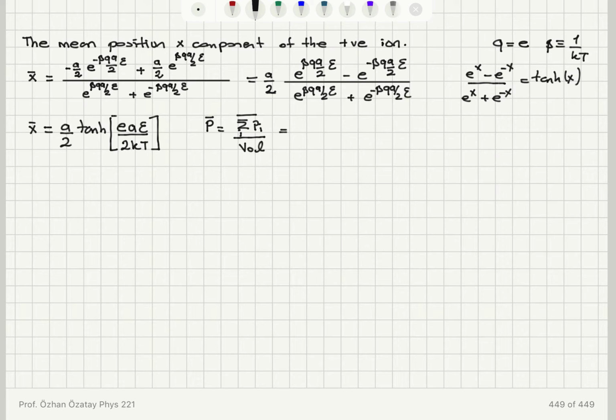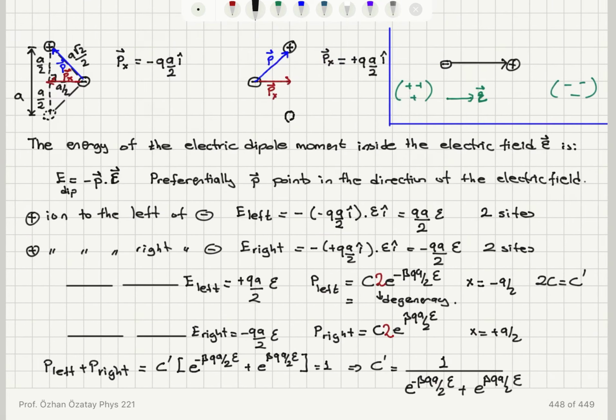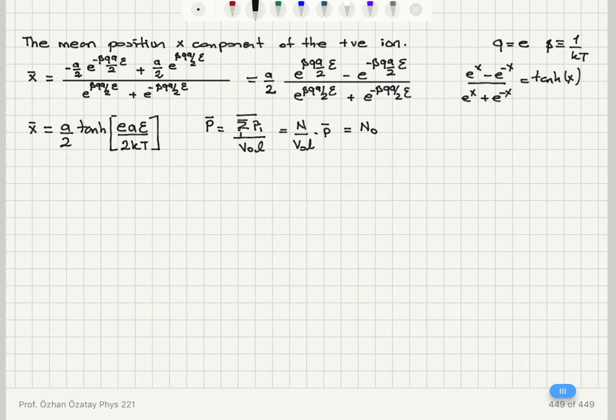So if you have the total number capital N divided by the volume multiplied by p bar, you will have basically the number per volume was given as N0 here. It contains N0 negatively charged impurity ions per volume. So that was N0.